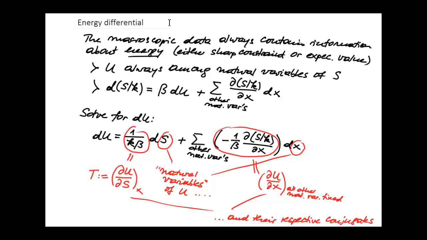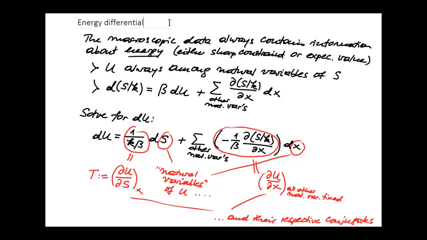What you can see from this energy differential is that the conjugate of x with respect to energy, so that's the coefficient in front of the dx, is related to the conjugate of x with respect to entropy, that's this partial derivative dS over k over dx, simply by a factor minus 1 over beta. So the two conjugates are related by a factor minus 1 over beta.